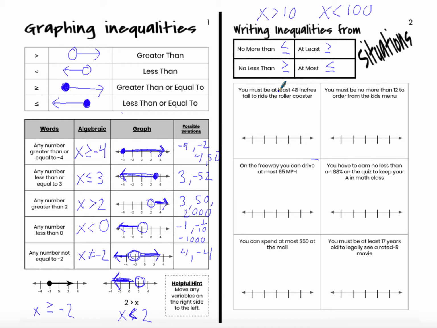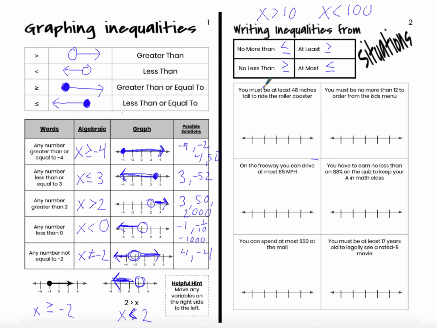We talked about these in class, and my suggestion for you, rather than memorizing this, is to read the situation and think about some particular values that make the inequality true and use that to help you write your inequality. So for example, you must be at least 48 inches. This has the word least in it, so you might think it's a less than symbol.